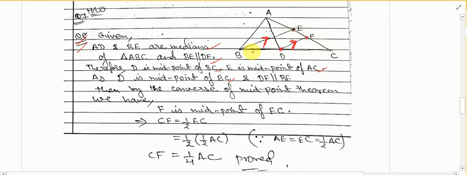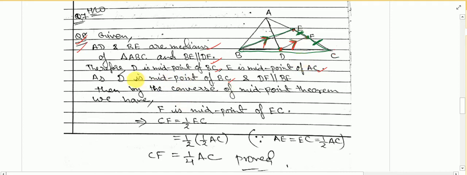Okay, EC, because here we are considering this triangle BEC where D is the midpoint of BC, and here we are drawing one parallel line through D. Which is parallel to what? BE. So in that case, by converse of midpoint theorem, this F has to be the midpoint of EC. That means I'm trying to say that this and this length will be same.